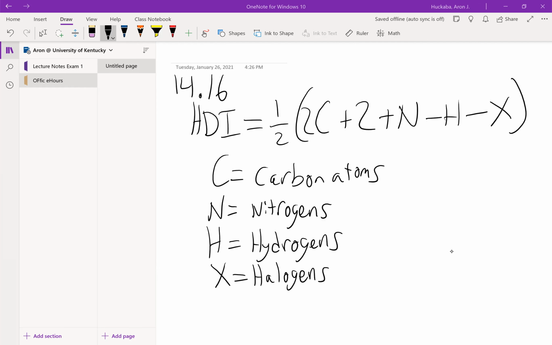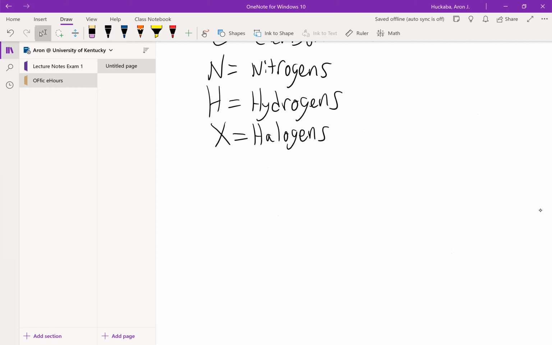And hydrogen deficiency happens whenever a molecule has less than 2n plus 2 hydrogens. So let me explain what that means. Looking at the notebook here, let's say we have a molecule C2H6. There are 2 carbons and 6 hydrogens.